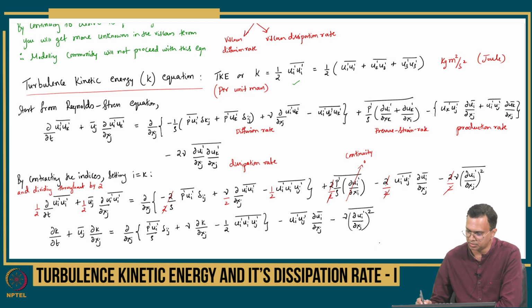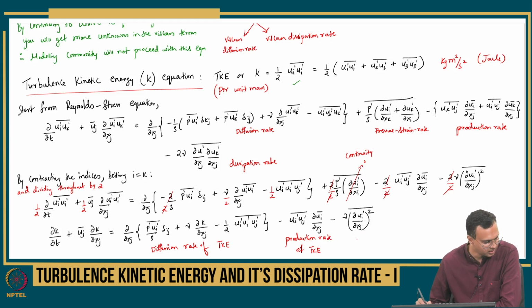So this is your equation for turbulence kinetic energy, where this is the diffusion rate of turbulence kinetic energy, this is the production rate of turbulence kinetic energy, and this is the dissipation rate of turbulence kinetic energy, which we sometimes also call epsilon.